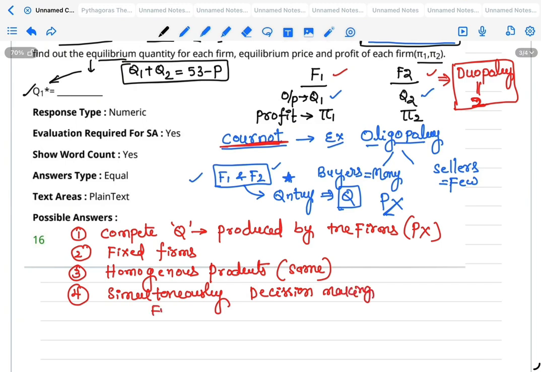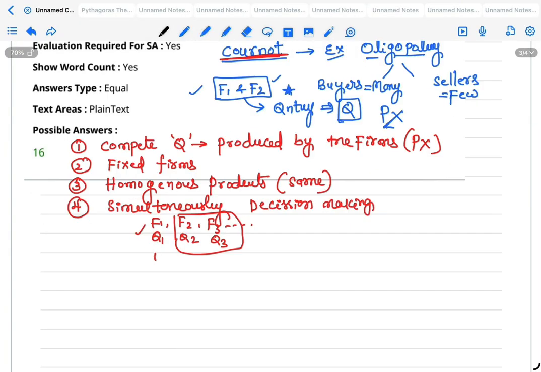F1 or F2 and so on. If there are many firms, F3 as well, they can make their own choices to produce the outputs Q1, Q2 and Q3, without knowing the choices of the other firms. If F1 takes the decision independently, it does not consider the F2 and F3 decisions.